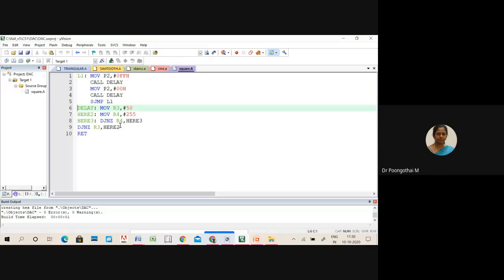Please observe the code. I'm moving FF to P2, call the delay routine, 0, 0 to P2, call the delay routine and repeat the process.